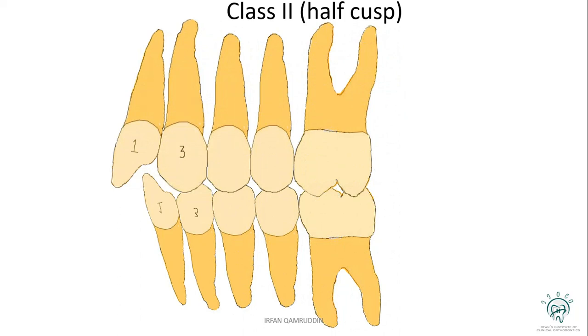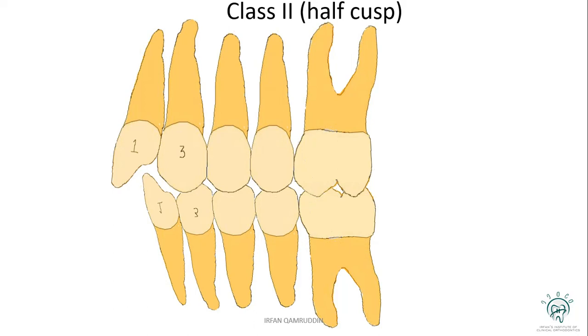Here the canines are also 3 millimeters ahead, and that has resulted in increased overjet, which must be at least 5 millimeters, because 2 millimeters was normal overjet in class 1, and now the incisors have moved 3 millimeters forward, so you will get 5 millimeters overjet here.